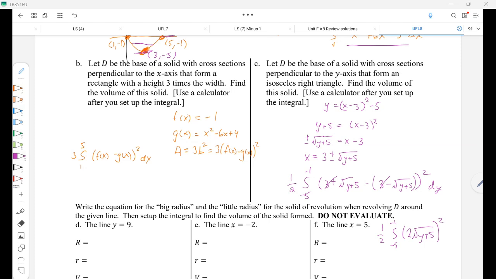It actually was one you could probably solve by hand. Be careful, don't cancel those 2's because of the squared. It's 1/2 integral from -5 to -1 of 4 times y plus 5. And you can cancel that and make that a 2. But yeah, that's dy on every spot.